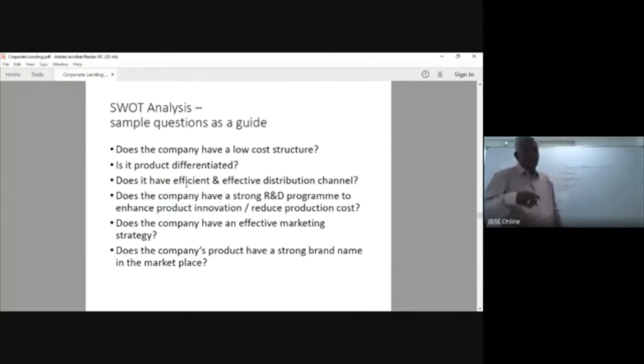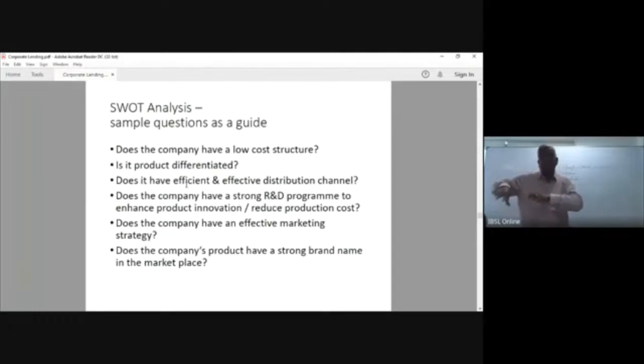So you have to examine what are the company's strengths, what are the weaknesses. In the case of strength, how can you promote those strengths? In the case of weaknesses, how can you reduce the weaknesses? And the opportunities, what are the opportunities available at the moment? How can you use the opportunity? And threats, what are the threats faced by the company?